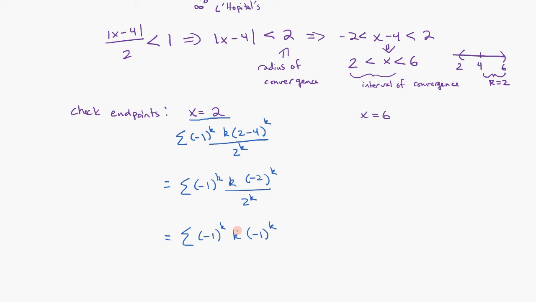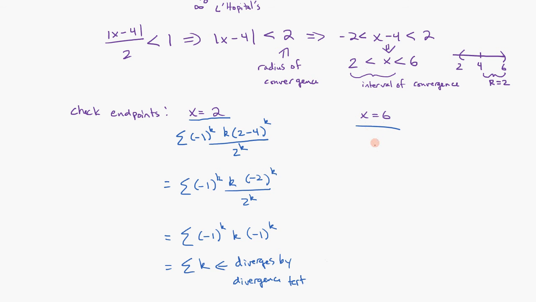And then the minus 1 times the minus 1 becomes positive 1. So this is the sum of k, but this diverges by the divergence test. So the left endpoint diverges.